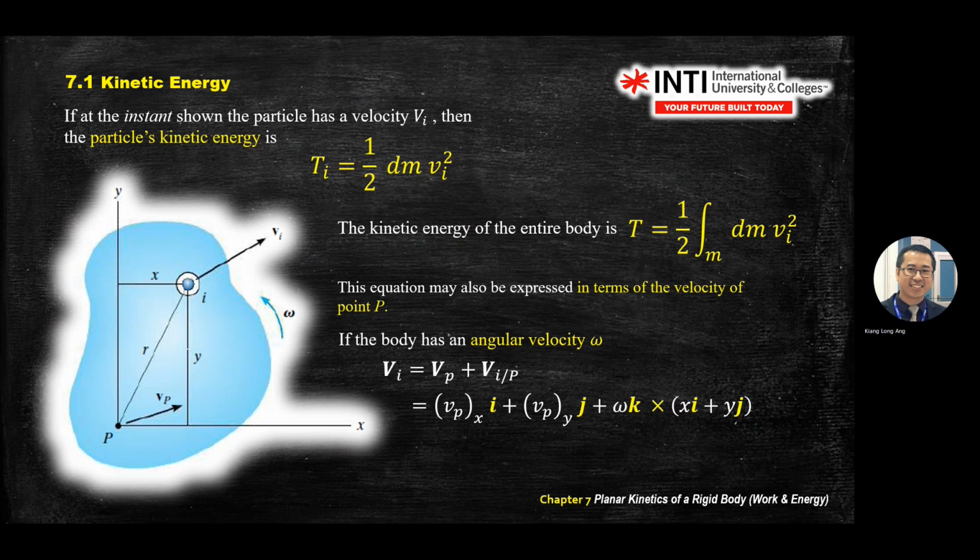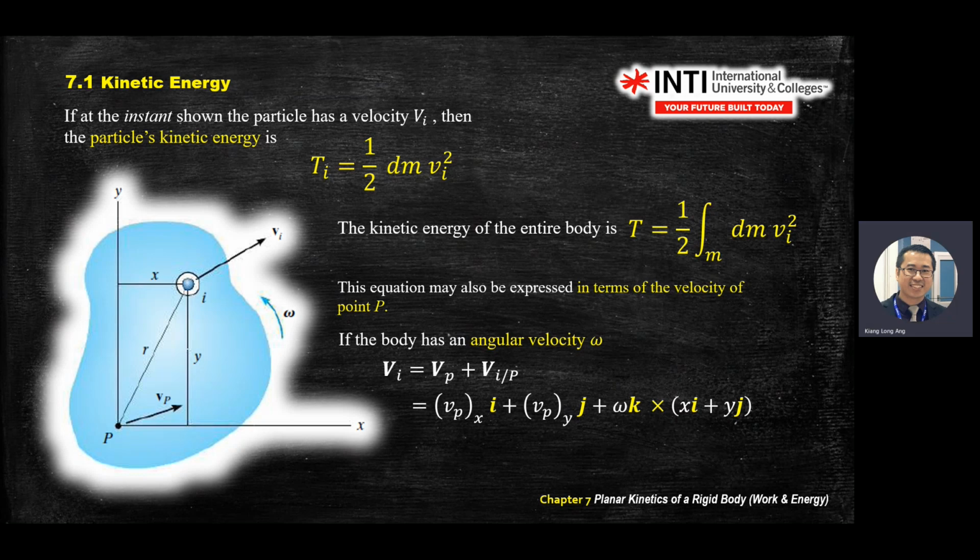V is omega r. So Vp, you have x and y: Vpx i, Vpy j. This one is from P to point i. So the resultant r here is a velocity, velocity equals omega r.